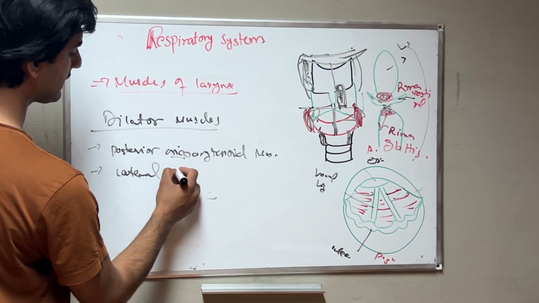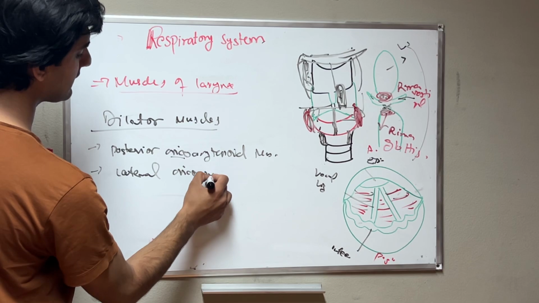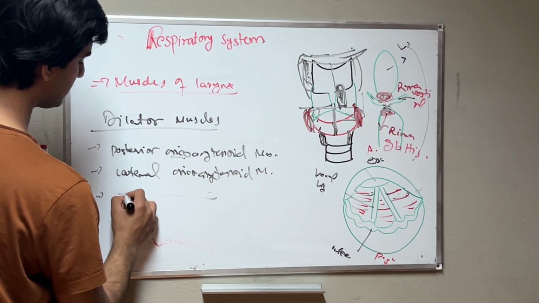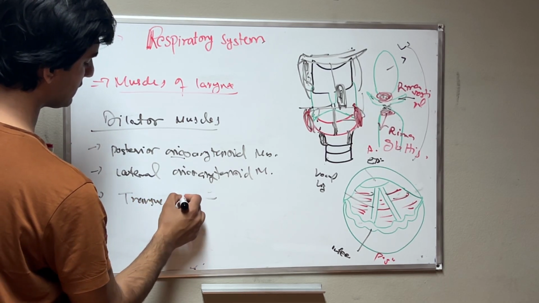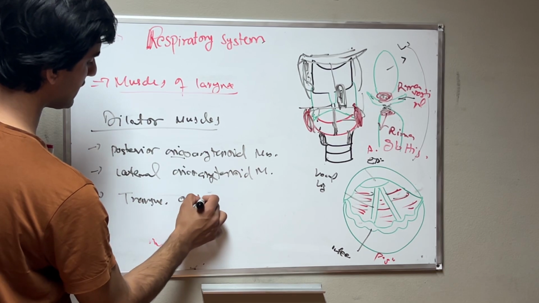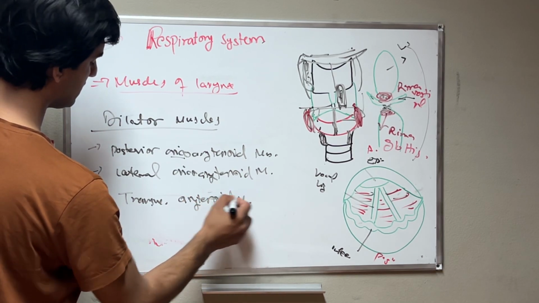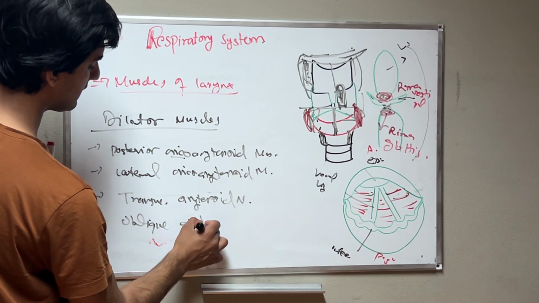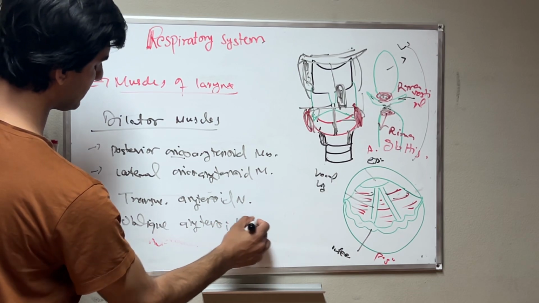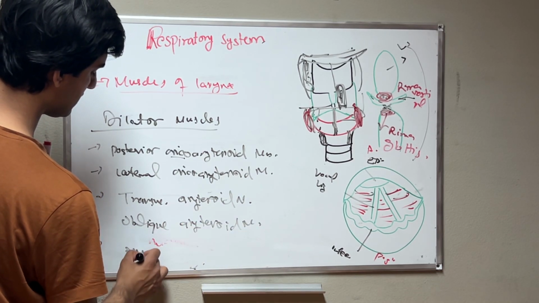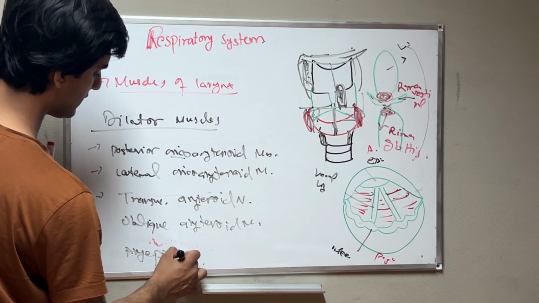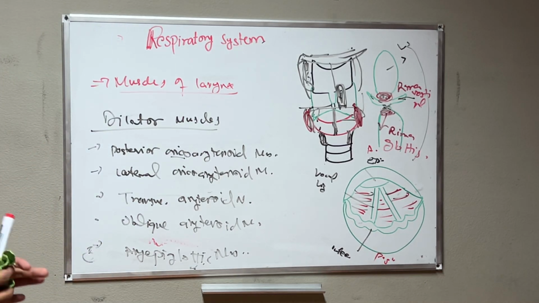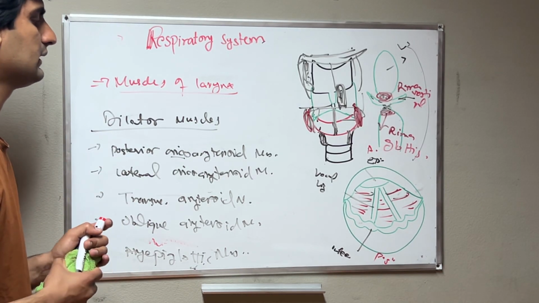Then the transverse arytenoid, the oblique arytenoid muscle, and the last one, the epiglottis muscle. So these are the five dilator muscles of the larynx, plus two tensor muscles.